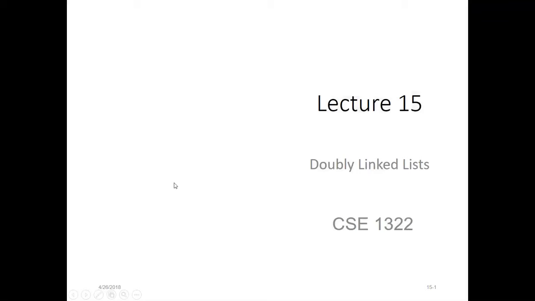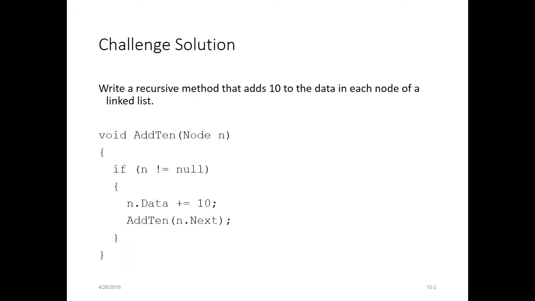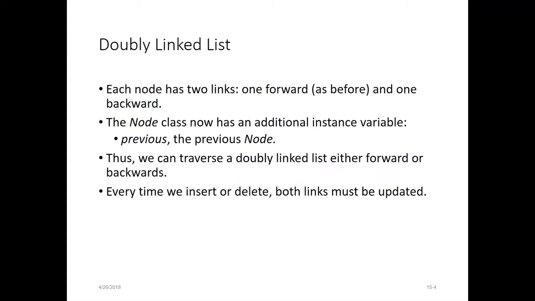Okay, I'm sorry. So now the next slide is for doubly linked list. Doubly linked list, as I discussed, is the same, but one thing is different: every node in a doubly linked list knows who is next to it and who is previous to it. That's it.